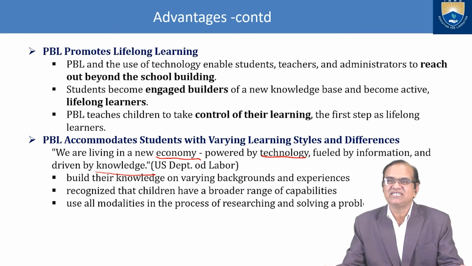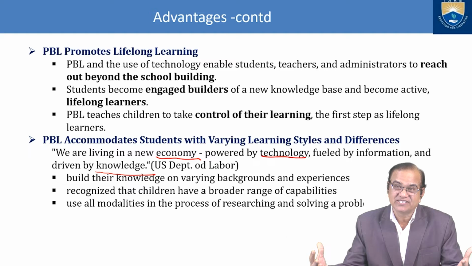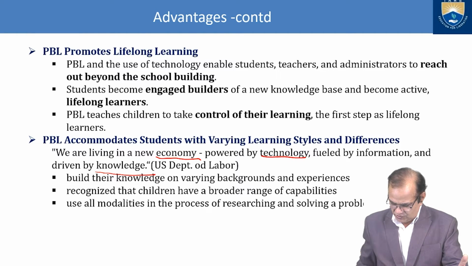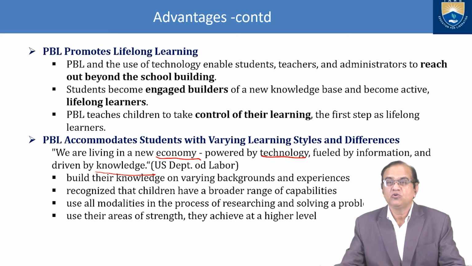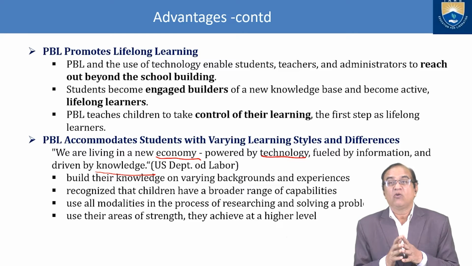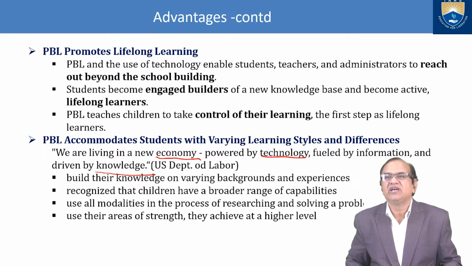Use all modalities in the process of researching and solving a problem. So all types of methods and models to solve the problem they have to show. Use their areas of strength, they achieve at a higher level. So use their strength, whatever they have achieved during their studies.